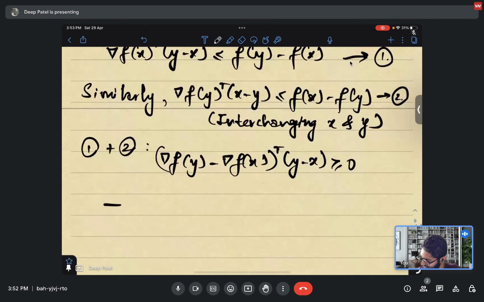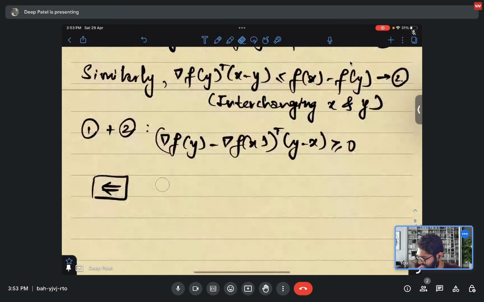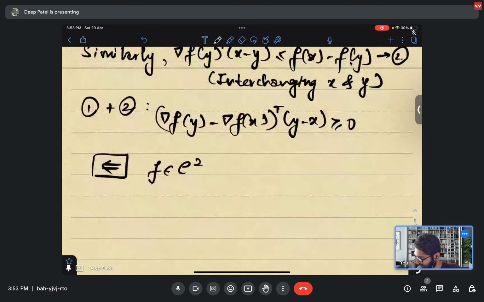Okay, so the other side I'll cheat a bit for now. I'm going to assume that f is twice continuously differentiable, because that's going to simplify the proof a lot. I leave the other case as an exercise, and if you have any doubts you can just let me know.